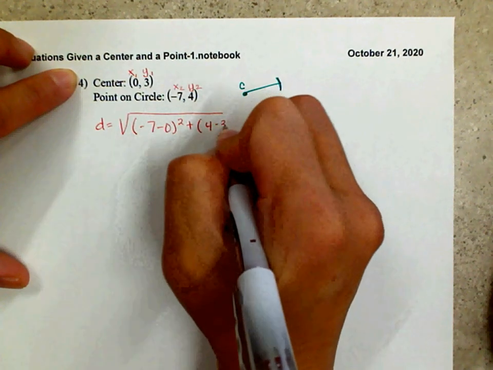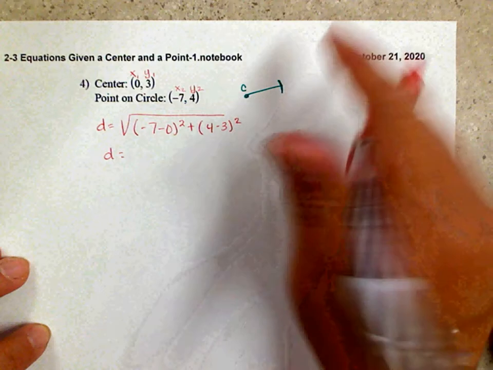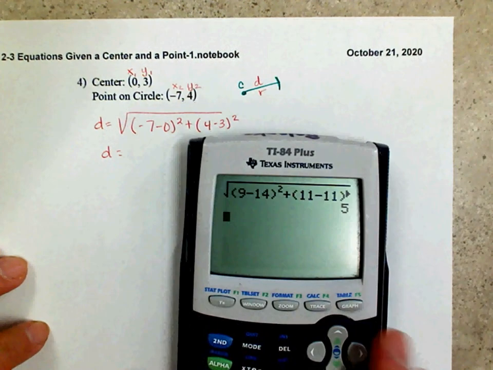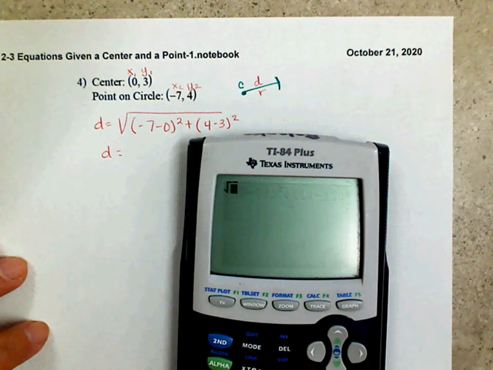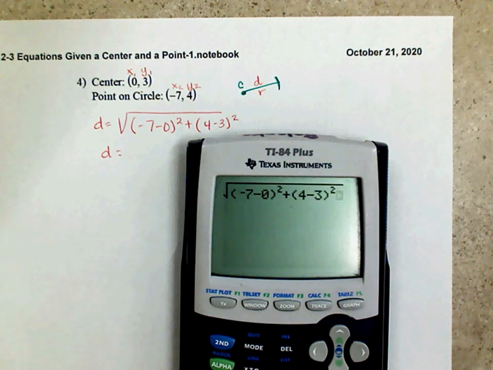So what is our distance going to be from the center? This is our d, which is the same as the r, the radius. Okay. Square root, parentheses, negative 7 plus 0 squared plus, parentheses, 4 minus 3 squared, and you got 7.07.